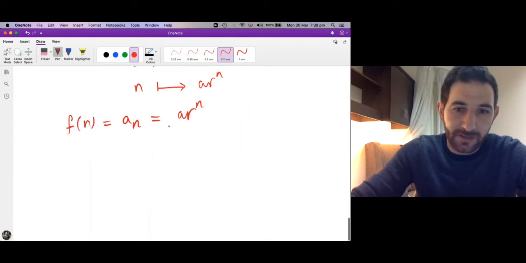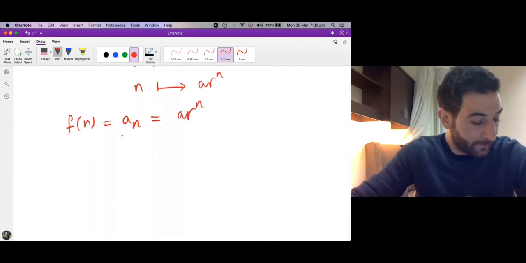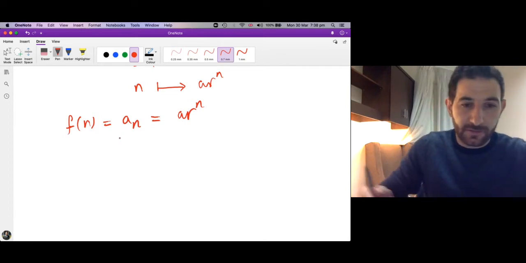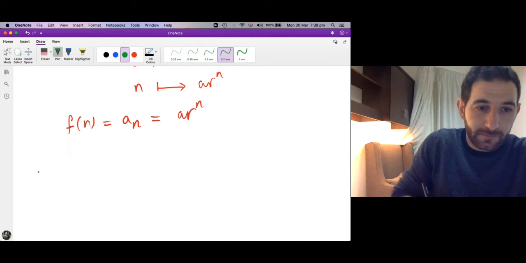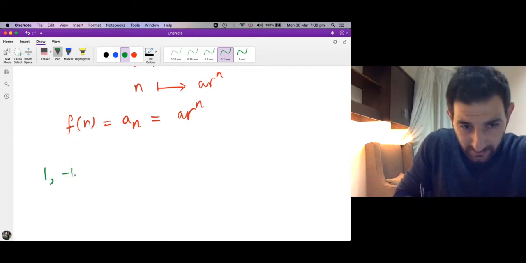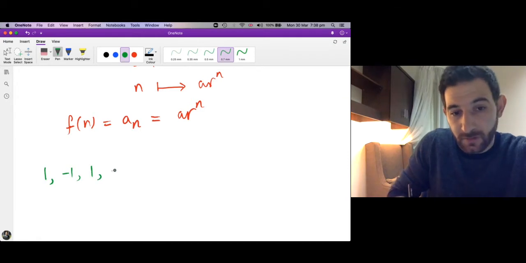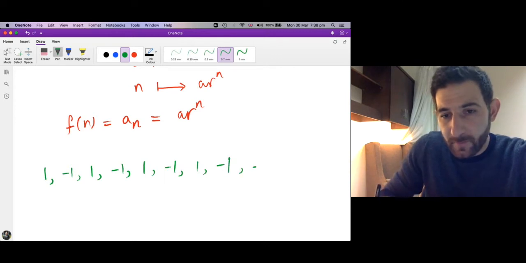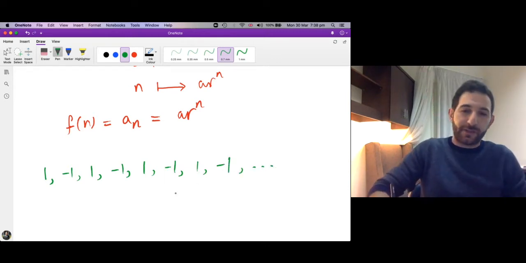Let's have an example and see why this formula holds. Imagine this example: 1, the first term, then -1, then 1, then -1, then 1, then -1. It's an alternating sequence. So is this a geometric progression?